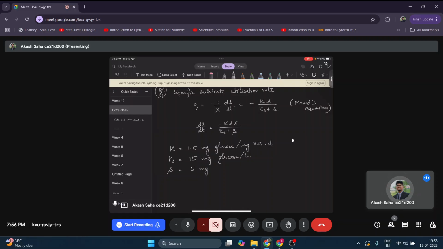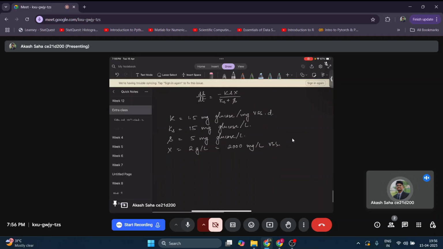The substrate remaining is 5, and the amount of microorganisms is VSS. So everything is now known, just you have to apply.